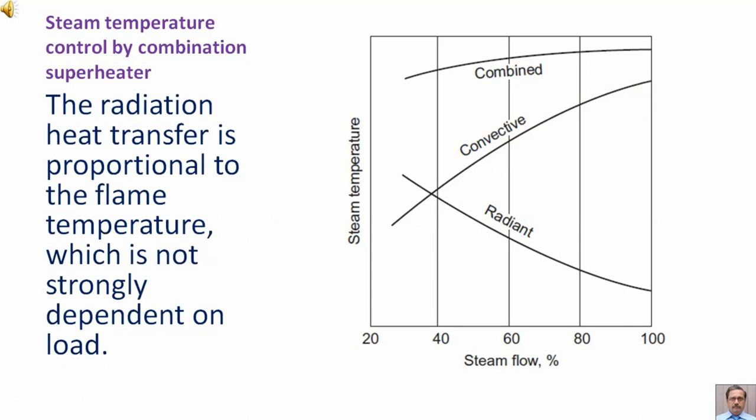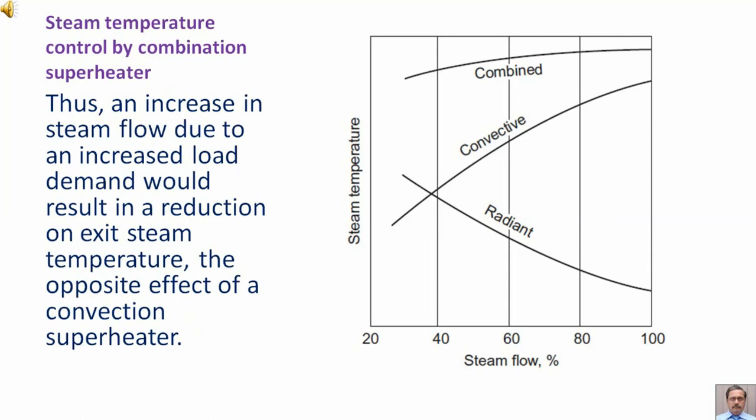The radiation heat transfer is proportional to the flame temperature, which is not strongly dependent on load. Flame temperature shall remain the same. Thus, an increase in steam flow due to an increased load demand would result in a reduction in exit steam temperature.